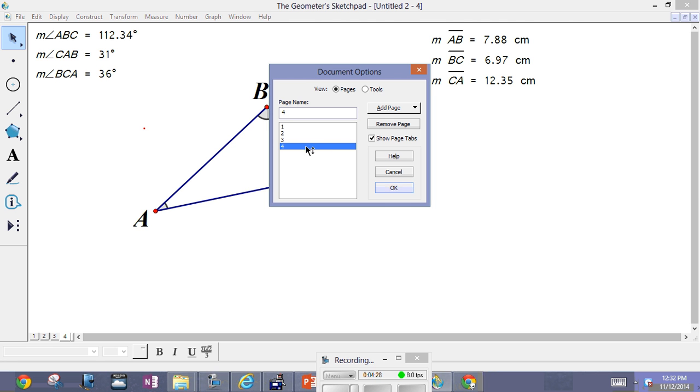Then I'll call the first one up here theorem 4.3, and then tag each of the other ones as you were supposed to. Theorem 4.4, and so on and so forth. So I obviously didn't get that in there. There you go. Do that for all the pages.